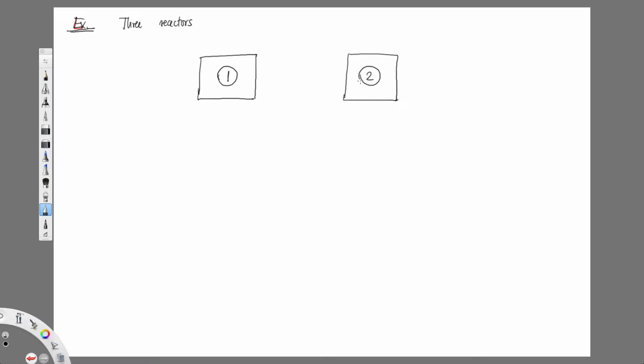So let's look at this example, a classical example from chemical engineering. Let's assume that we have 3 reactors, and the flow in between them is sketched like this. This is my reactor number 1, reactor number 3 here, and reactor number 2.